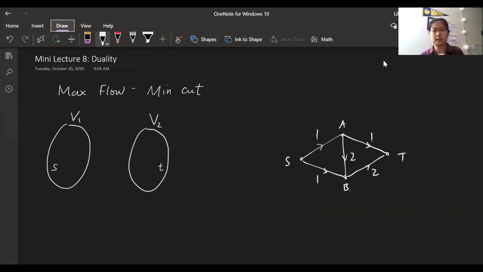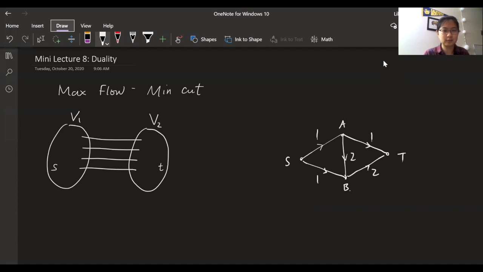This whole source and destination thing didn't exist in MSTs, but we're introducing them here. You'll see exactly why. But in MSTs, we saw that the cross edges are just edges that connect vertices that have been separated in this partition, and this definition still holds true here.